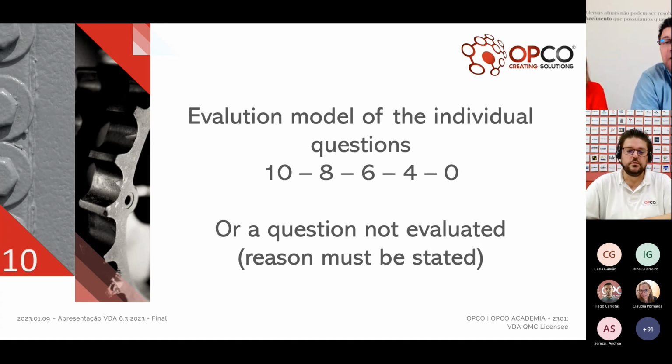Also, regarding the evaluation method of the individual questions, it remains unchanged. So the well-known 10, 8, 6, 4, and 0 scores are kept the same, and these are the scores that allow us to identify the level of deviation of each question.